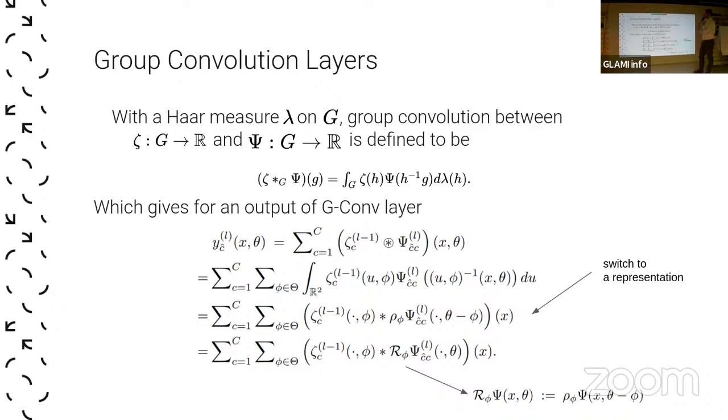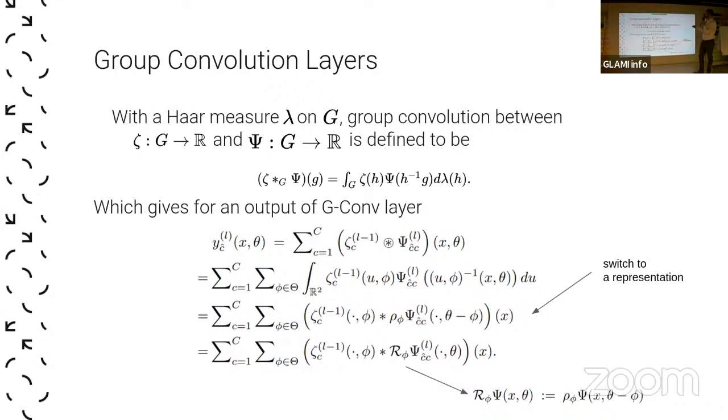But the idea is, after the first layer, after the input layer, you can consider the features to be functions on a group. And so you can calculate a group convolution instead of the common convolution where you get the same integral, but if you calculate the convolutions across some space, you are moving across the entire R2 or R3, whatever.